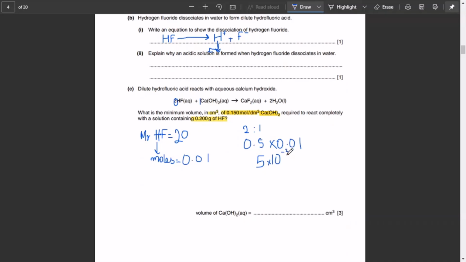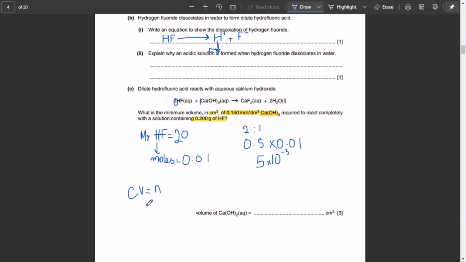If you use the formula, actually it goes like CV is equal to n.